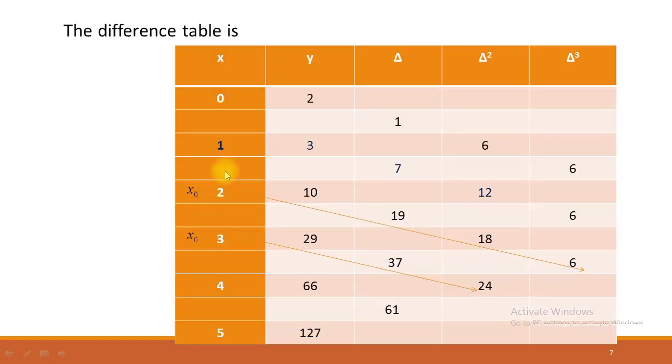Since we consider the value of x naught as 2, we need only two values, delta square and delta cube. For the second order derivative we need only delta square and delta cube, so the value of delta square is 18 and the value of delta cube is 6, corresponding to this position of y naught and x naught.